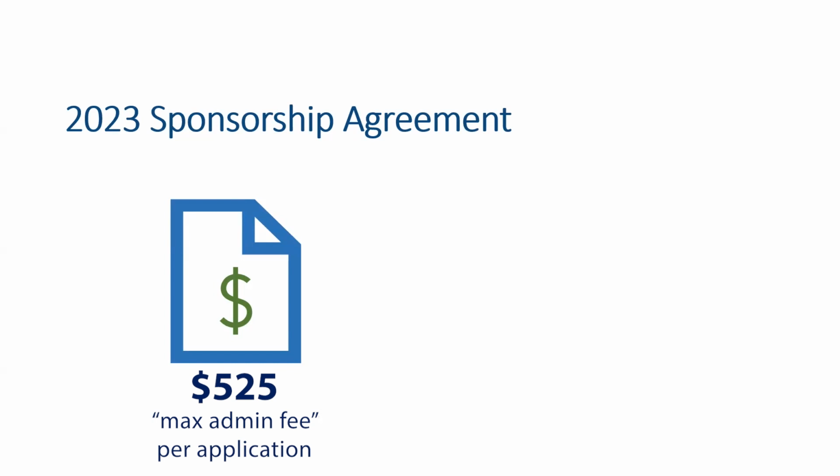So it's currently $250, and up until October 10th, you can still only charge that $250 per application to cover any direct admin costs associated with submitting applications to ROCCO. But as of October 10th, when that new agreement comes into effect, the amount jumps up to $525.